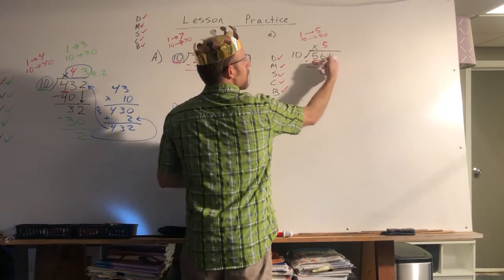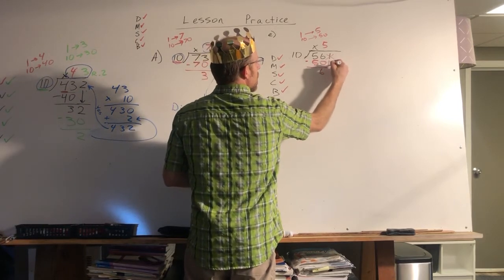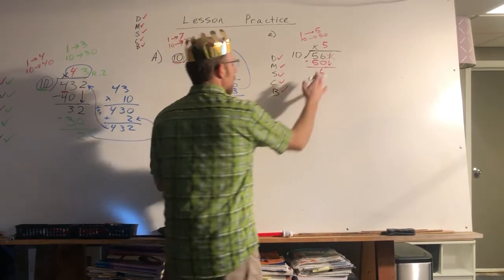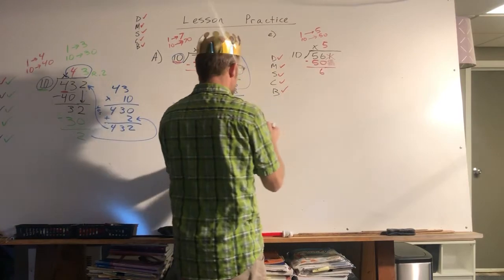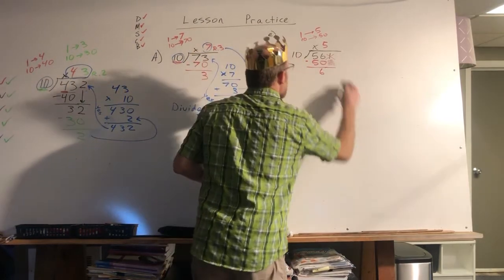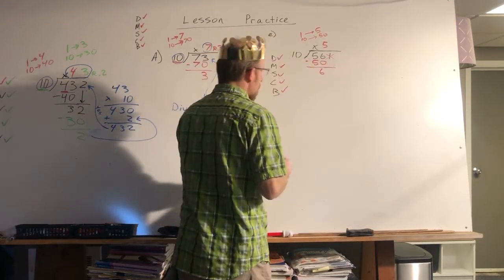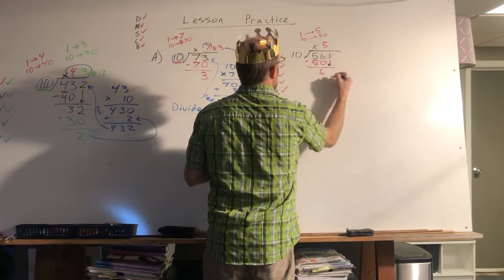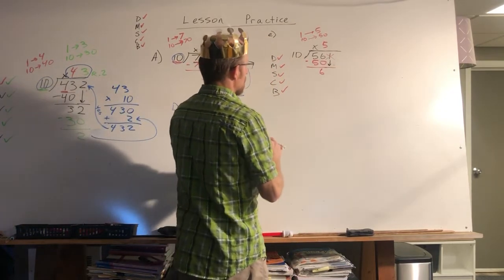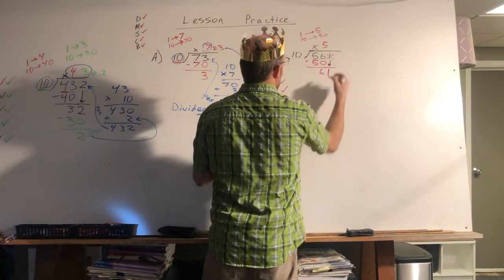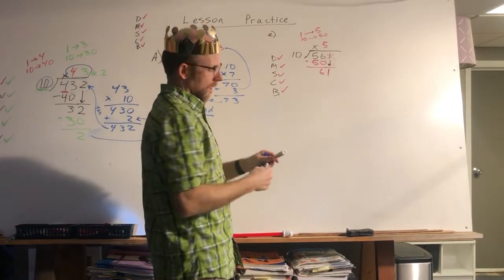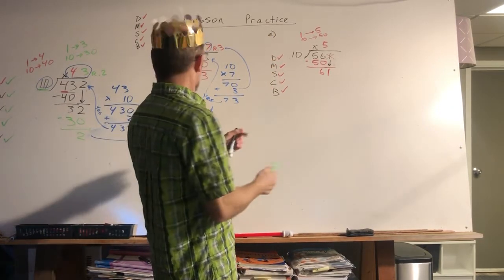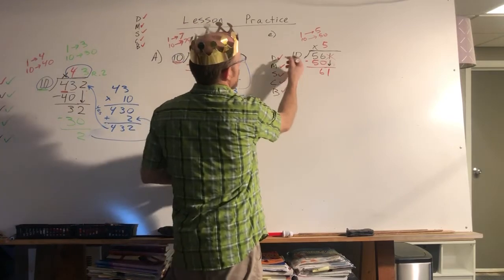Now I bring my 1 back to life right there. Maybe it'll be easier if I make that a different color. I bring him back to life, and I have 61.